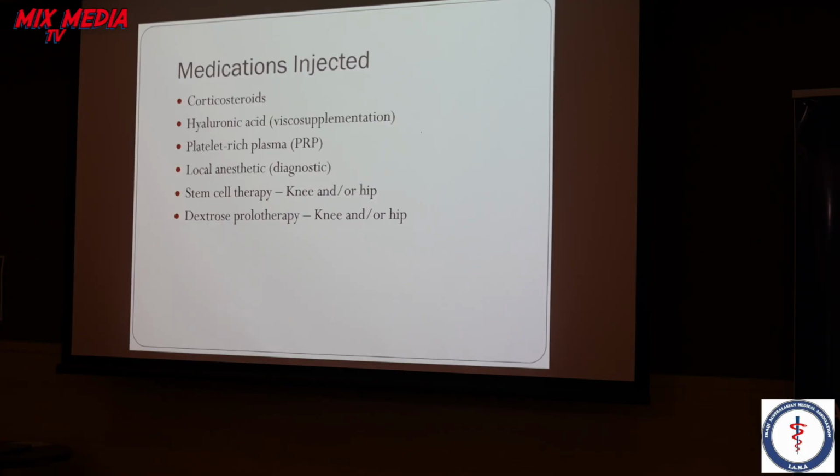What are the medications? We're probably all familiar with corticosteroids. It's been there for a long time, and it's probably one of the safest. Hyaluronic acid, which is what we use now, is the Flexa. With this one, we usually do 3 progressive injections 1 week apart, so it's usually a 3 weeks interval.